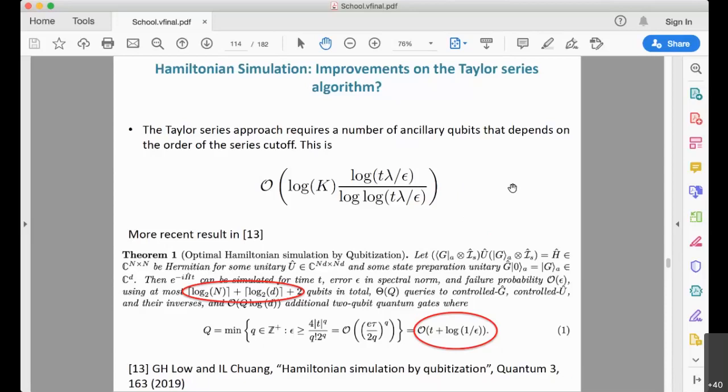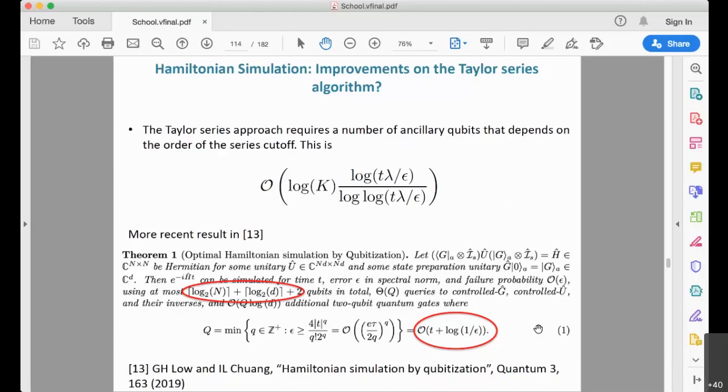And the complexity was also the product between something that was going linear with time and some function that was logarithmic in 1/epsilon, okay? So what they can show using this method is that the complexity, instead of being the product of these two things, is the addition of these two things. So it's a mild improvement, right? But still it is an improvement.